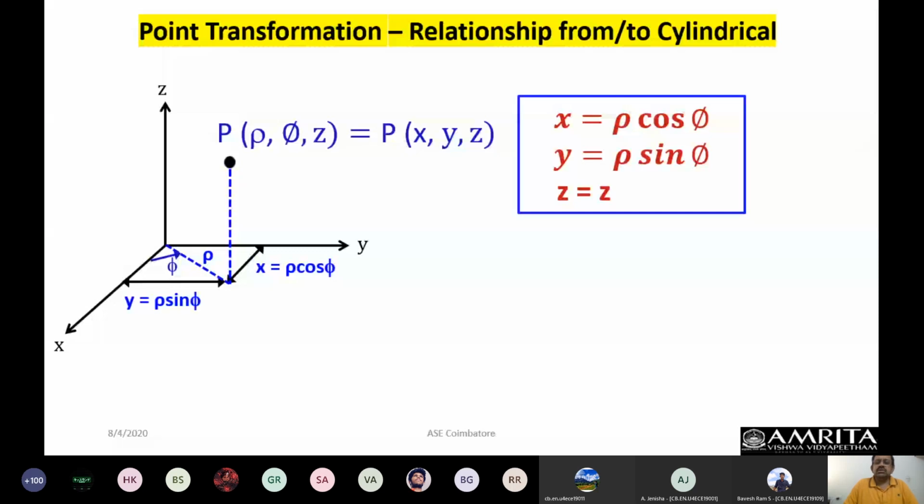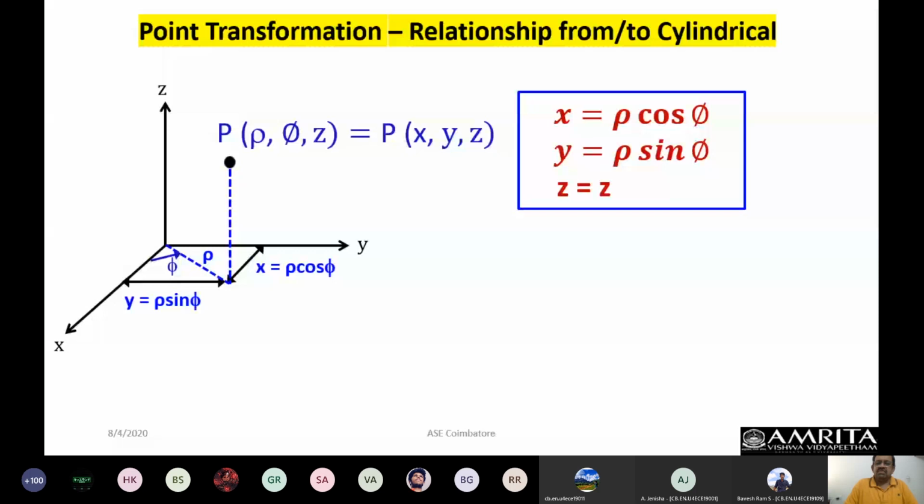Okay, so in this case, I have been given the point rho, phi, z. I can find what is x, y, z. Suppose on the contrary, I am given x, y, z, how am I going to look at it? All I need to do is a little bit of mathematical jugglery.